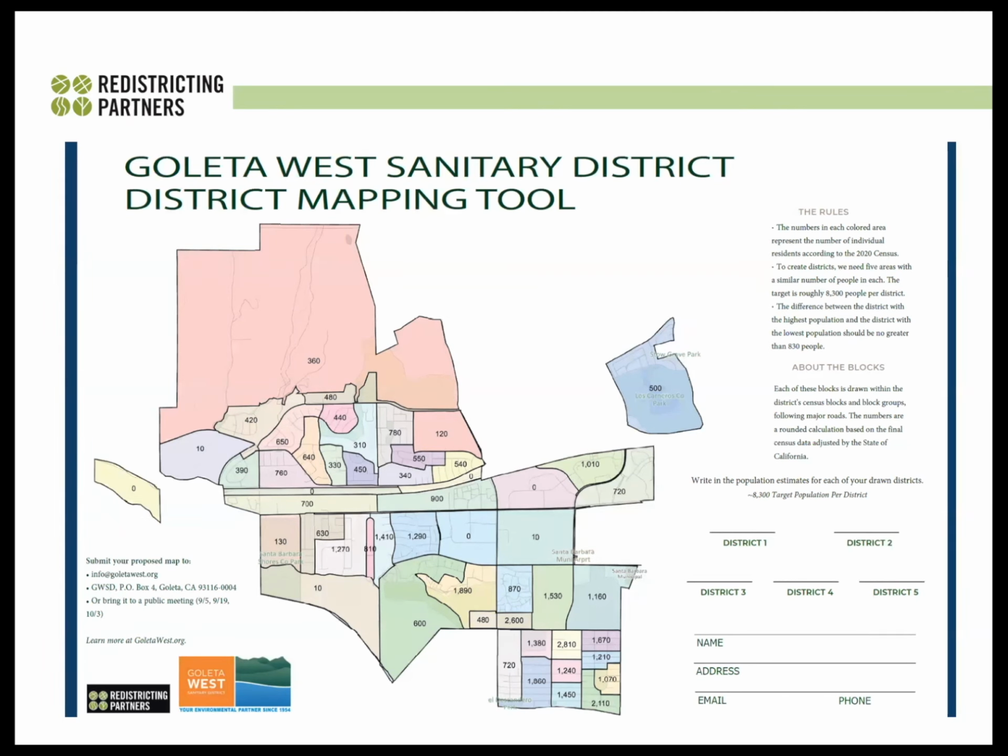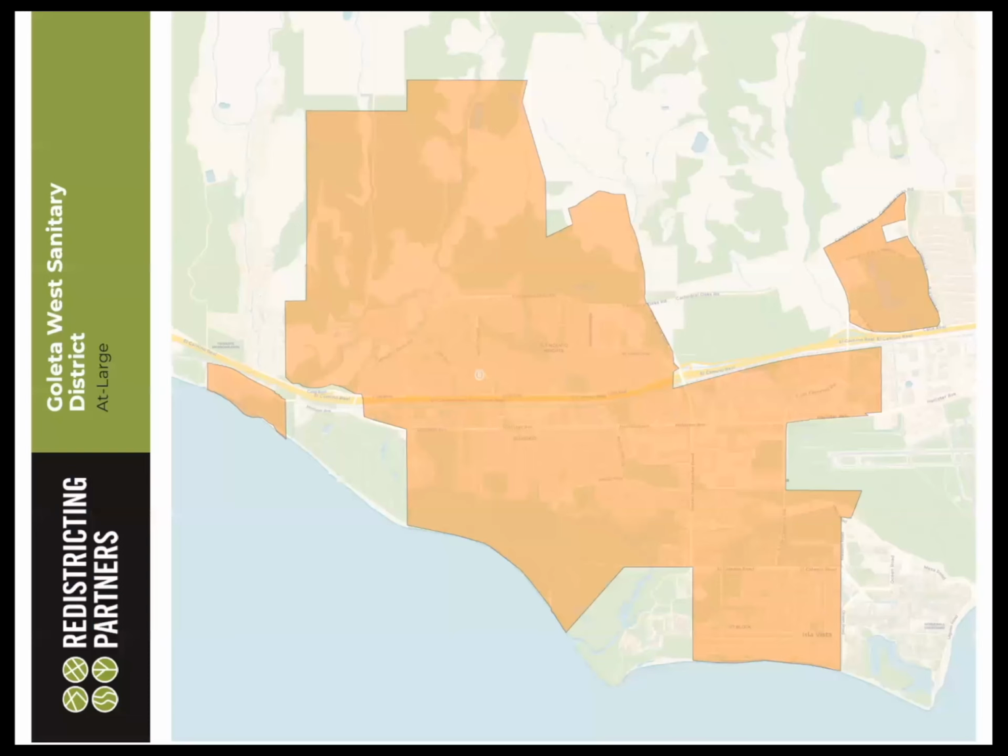So we love whenever we get input from the community this way. I know that my firm has used these maps from the public and used them for official maps later on. So they work, and we encourage you to draw your own maps if that's something you want to do.